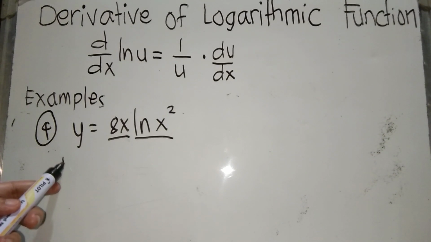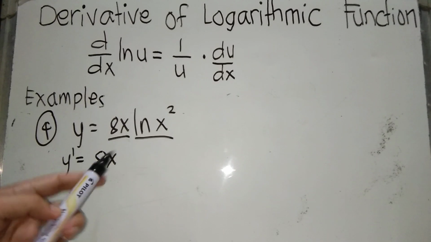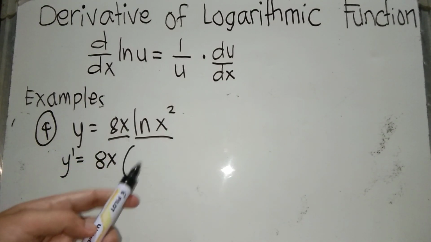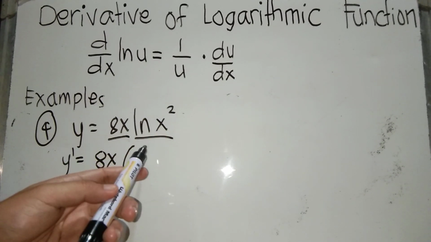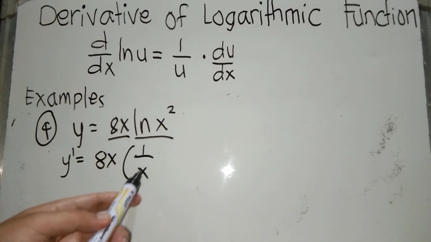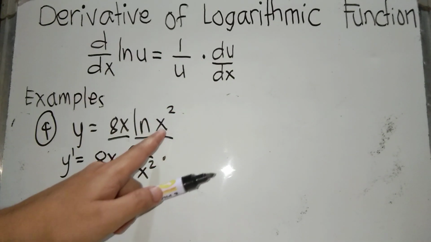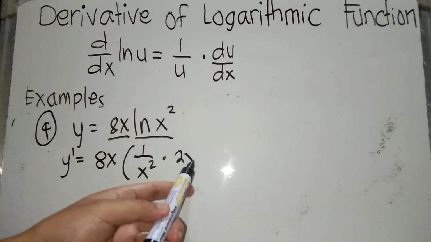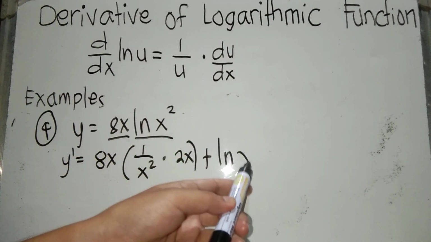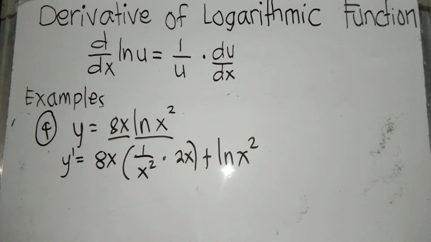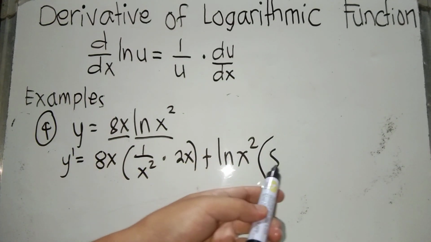In finding the derivative, use the product rule. Copy the first function 8x, multiply that with the derivative of ln x squared. Take note our u here is x squared. So the derivative will be 1 over x squared, multiplied with the derivative of x squared, which is 2x. Plus, copy the ln x squared, and then multiply that with the derivative of 8x, which is 8.